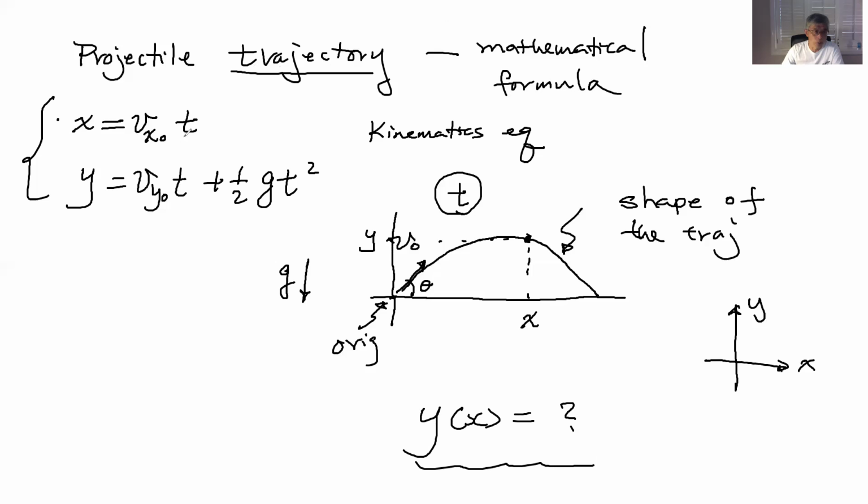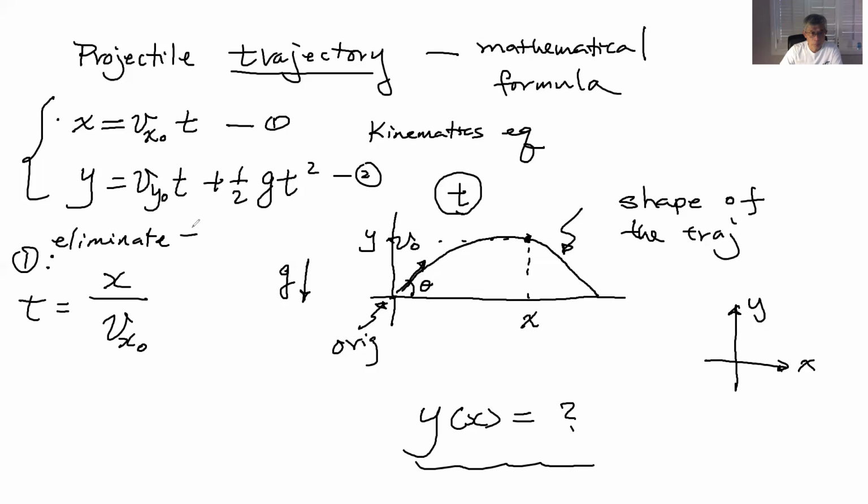All right, so from equation 1 and equation 2. From equation 1, we have T is equal to X divided by Vx0. So we're going to get rid of T. Our objective is to eliminate T so we can get to Y as a function of X. So let's substitute 3 into 2.